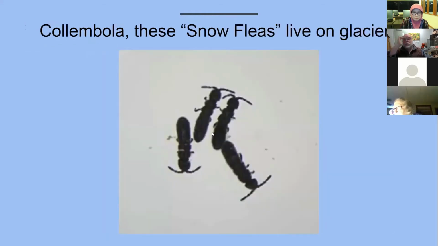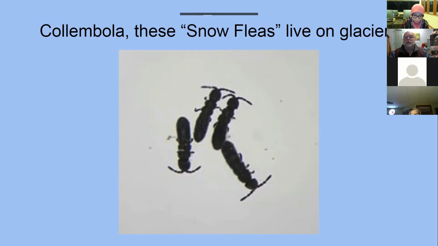There are also, living on glaciers, these Collembola. A common name for Collembola in general is springtails. And so these things could be found on a glacier, or there are other springtails. When I was ice fishing as a kid, I could see thousands of them jumping up and down in my ice hole.